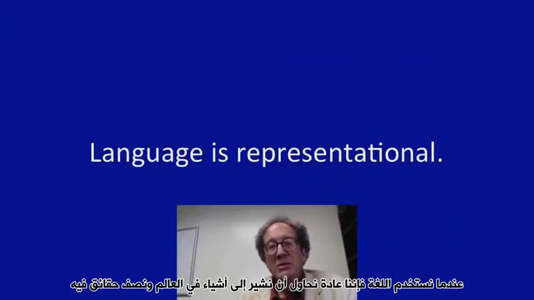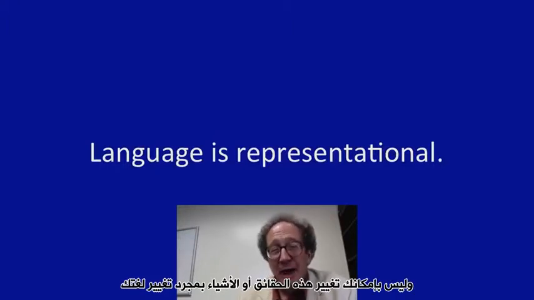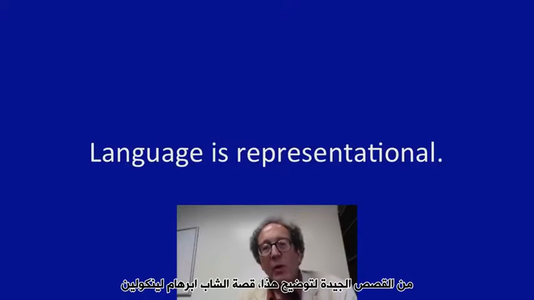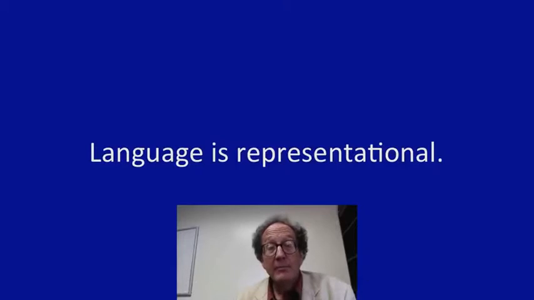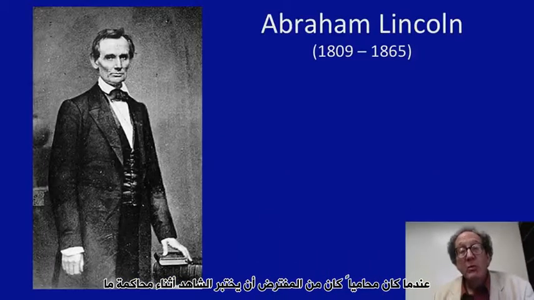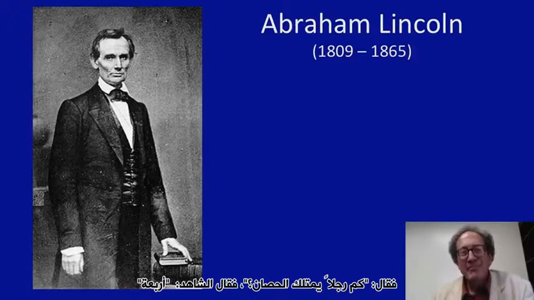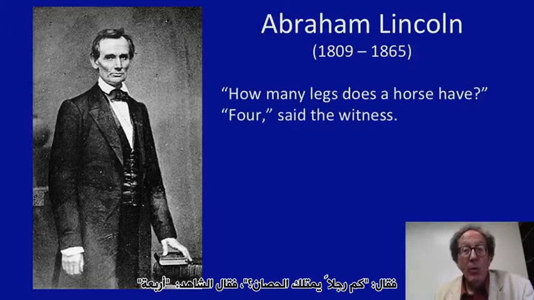So first, language is representational. When we use language, we're often trying to refer to objects in the world and describe facts in the world. And you can't change those objects or those facts merely by changing your language. One good story to illustrate this is about the young Lincoln. When he was a lawyer, he supposedly examined a witness during a trial, and he said, "Okay, how many legs does a horse have?" And the witness said 4.